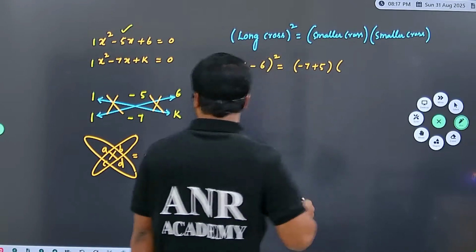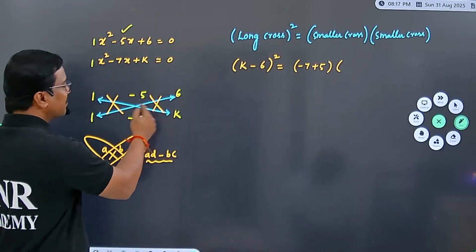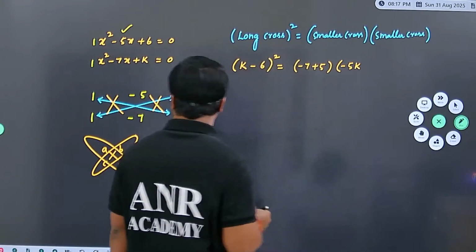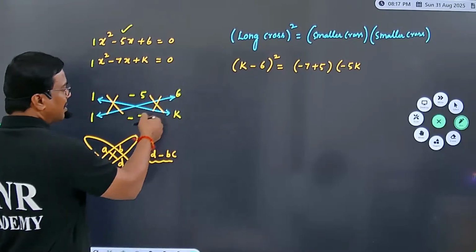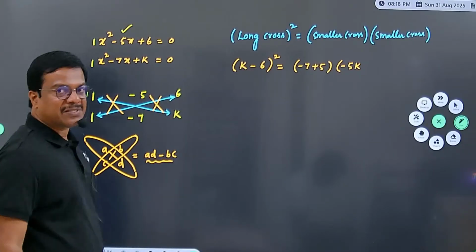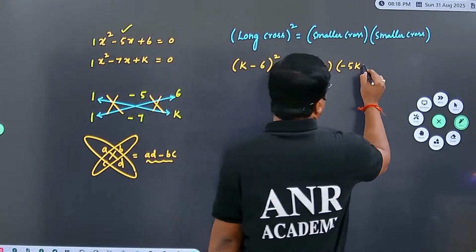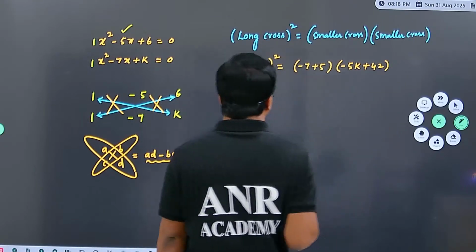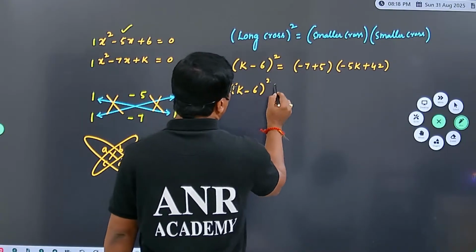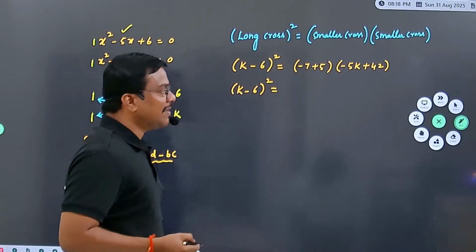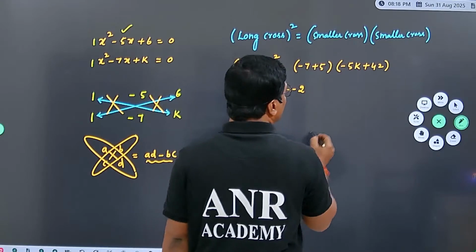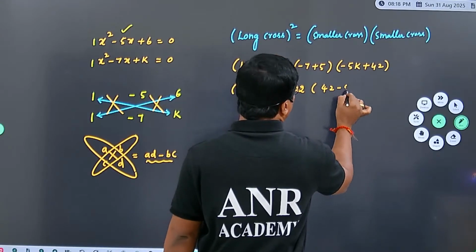Next smaller cross, minus 5 into k, minus 5k. Next this is 42, minus 42, but in between them you have a negative sign, so here you write plus 42. So we get k minus 6 whole square equals minus 7 plus 5, that becomes minus 2, into 42 minus 5k.